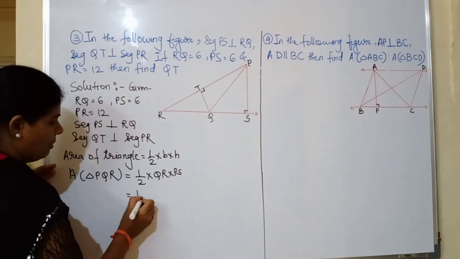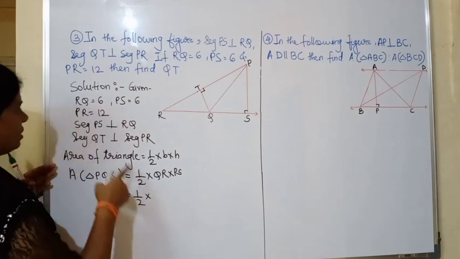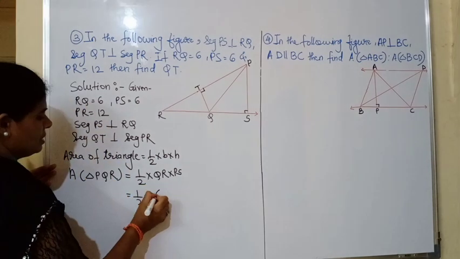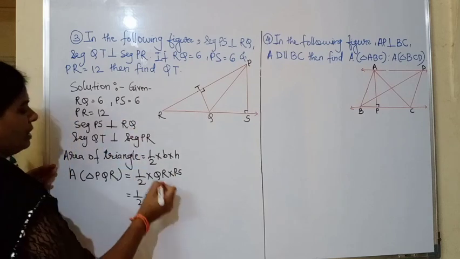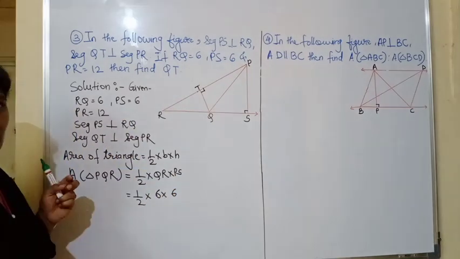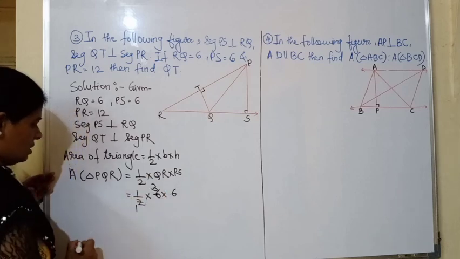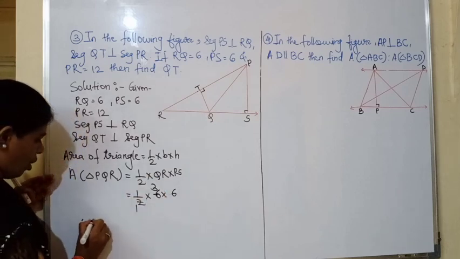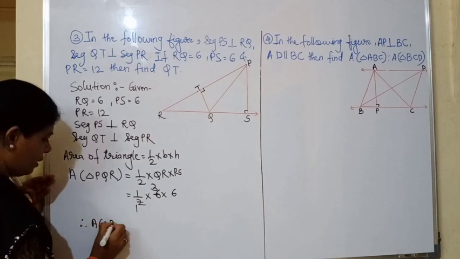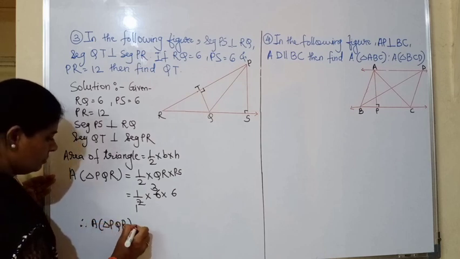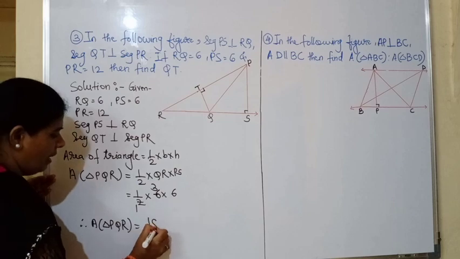We have the measurement of QR and PS. QR here is 6, and measurement of PS is also 6. So we will divide by 2. 2 ones are 2, 2 threes are 6. So we got the area of triangle PQR equal to 6 threes are 18.